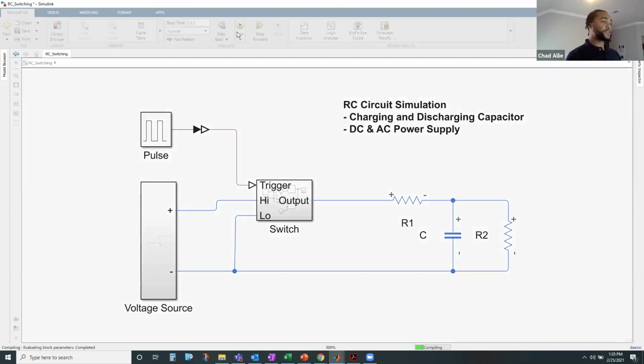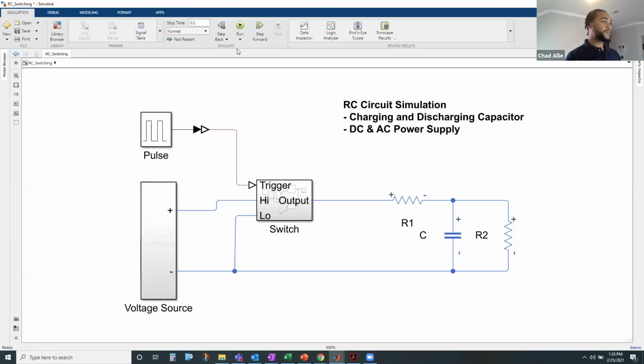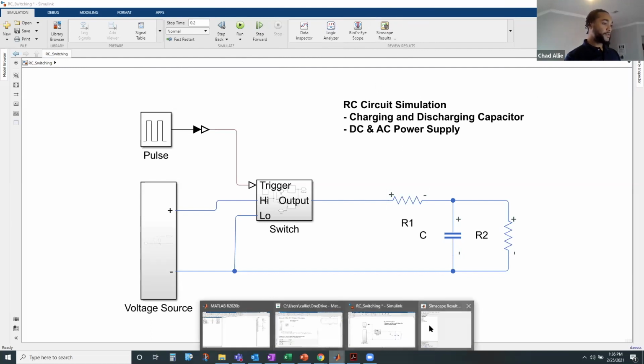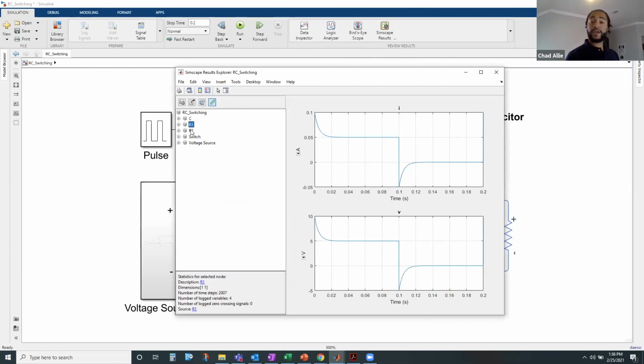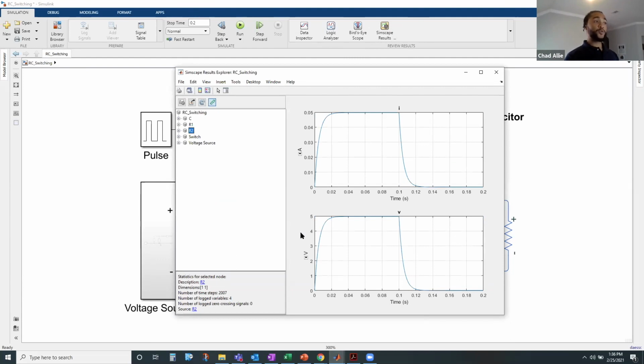So again, if I simulate this virtual model again, I can take my readings from my voltmeter and ammeter, and I can actually take a look and see what things might have changed against my capacitor, my resistor, and even what the behavior of my new resistor now is in this system.